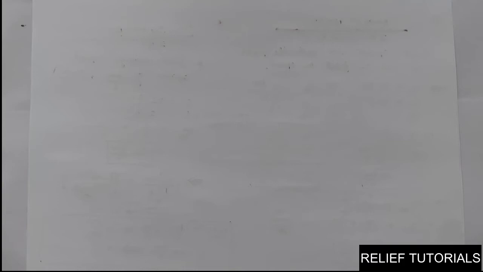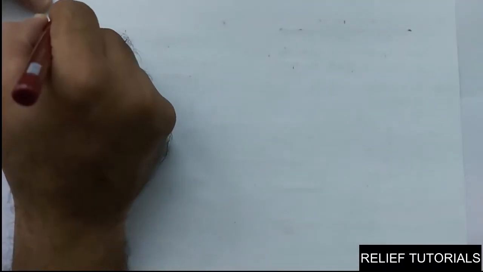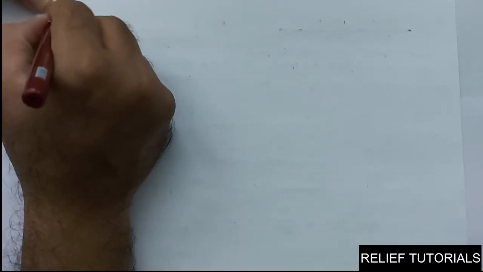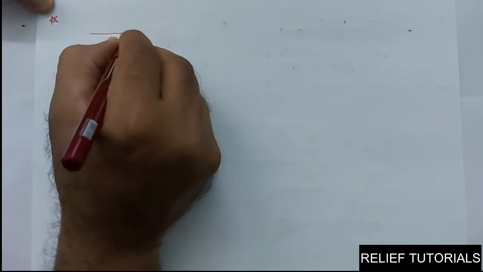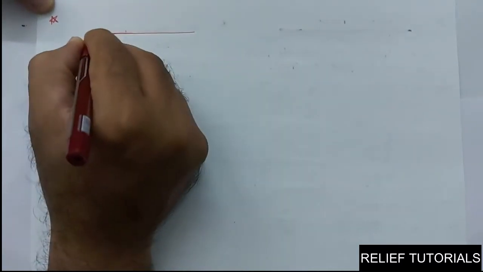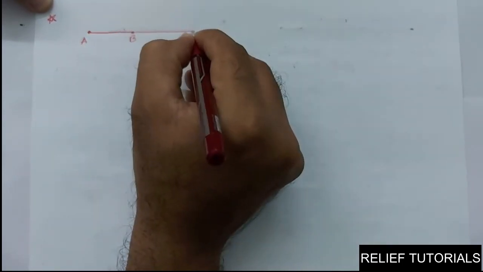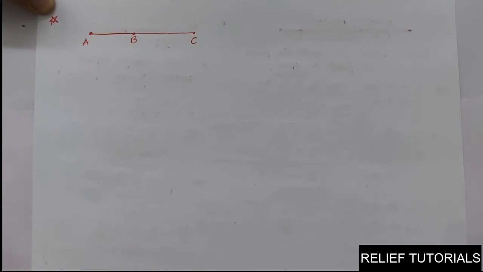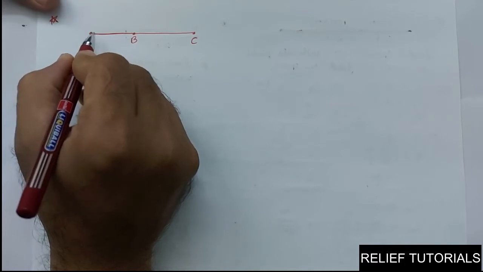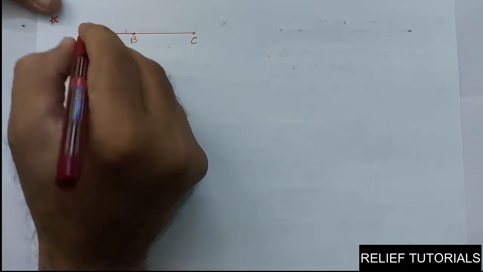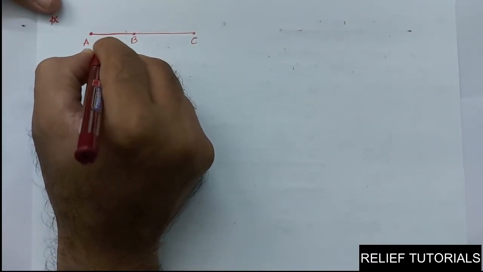Consider a somewhat different problem I am going to ask you. Consider these are the two parts of the journey. The distance from A to B is 100 meter.